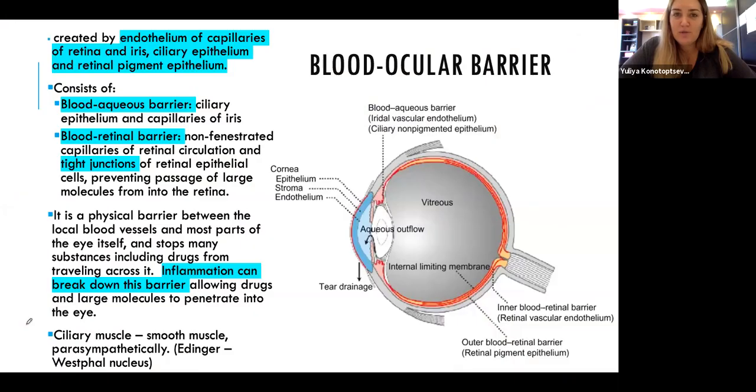Blood ocular barrier. Basically we have the blood aqueous barrier and the blood retinal barrier. The blood retinal barrier is going to be non-fenestrated capillaries of the retinal circulation together with the tight junctions of the retinal epithelial cells. So the blood retinal barrier is going to be somewhere here. On the top of the retina, we have the choroid plexus.